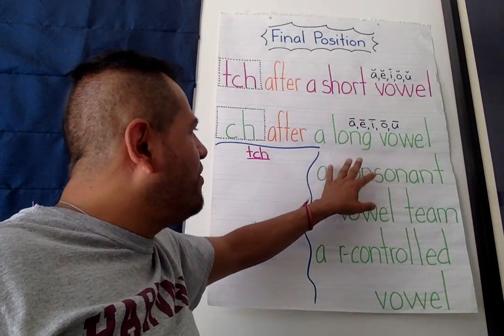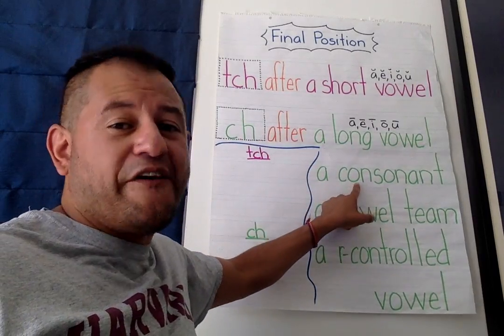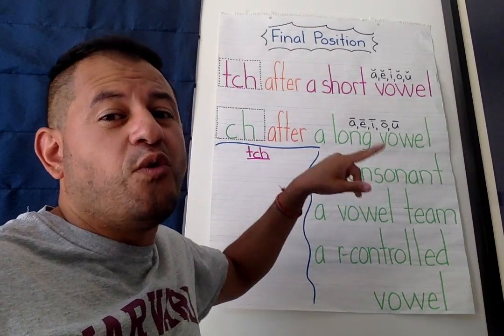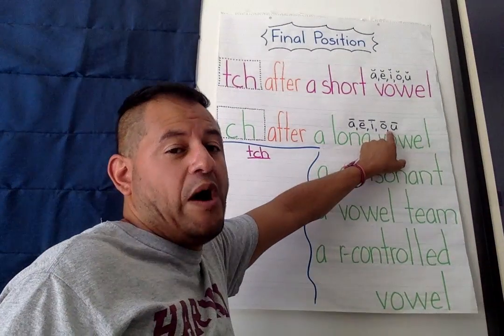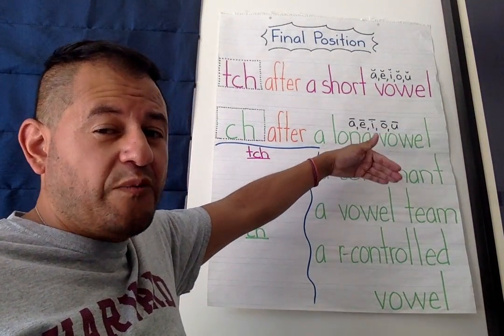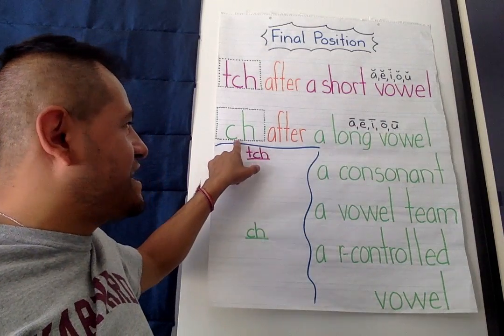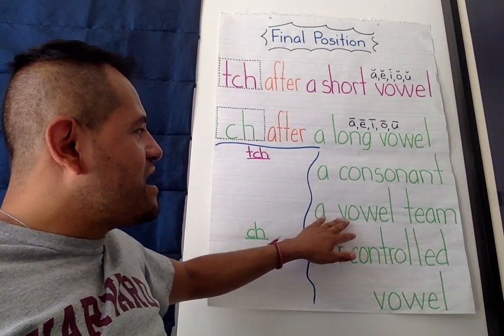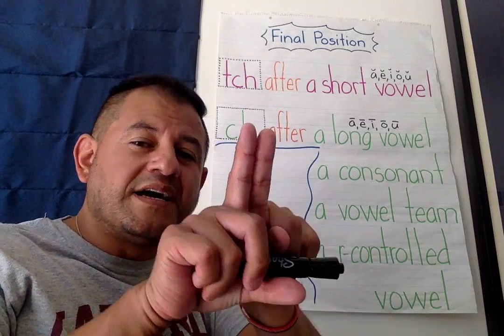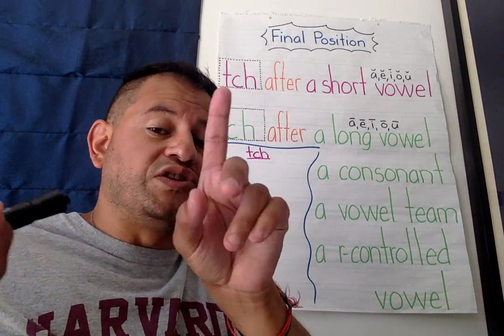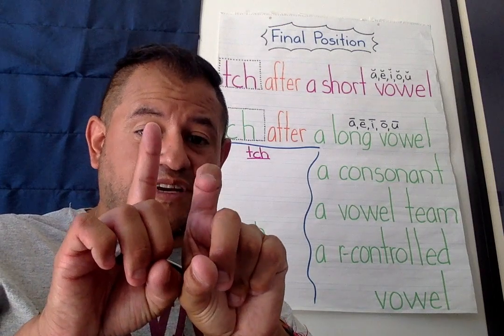If CH is going to come after a consonant, we know a consonant is all the other letters that are not a vowel. So if there's a consonant and we hear a ch, it's going to have a CH. Okay? A vowel team is something where we have two vowels side by side. When two vowels go walking, the first one does the talking.